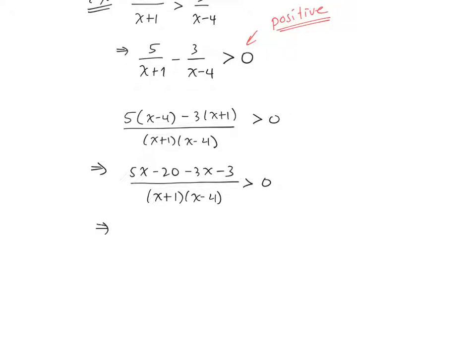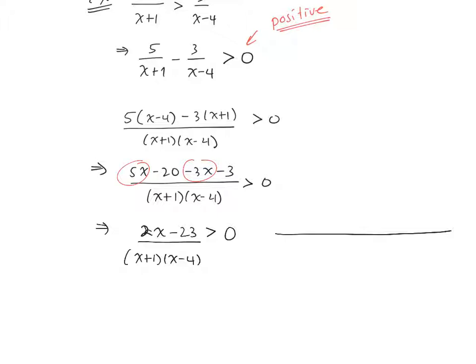which implies you have 2x. You combine this times that, it's 2x minus 23 greater than 0. Okay, if we do the same line from before, you have 0. Here, -1 and 4 are vertical asymptotes, or they are not part of the domain.